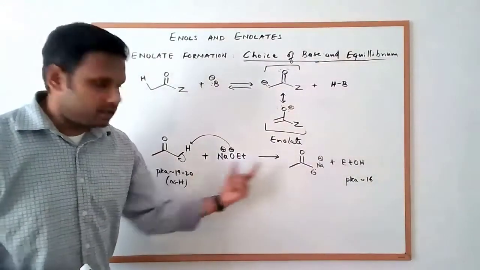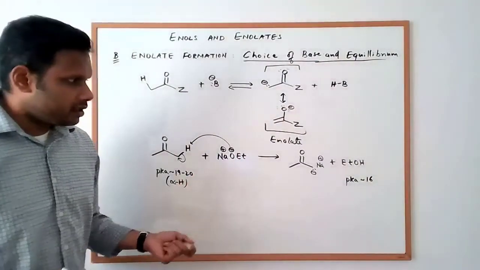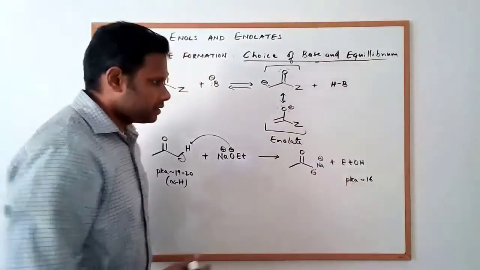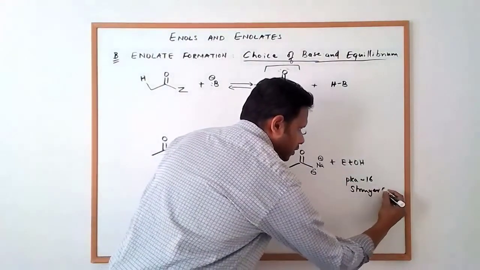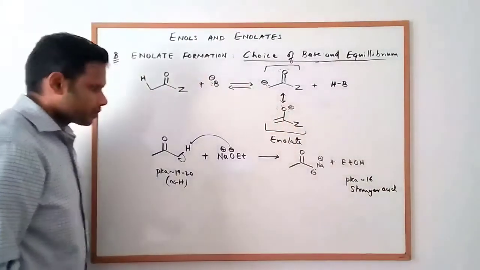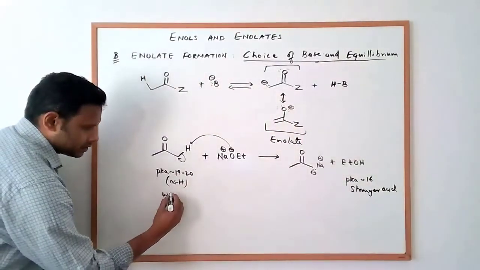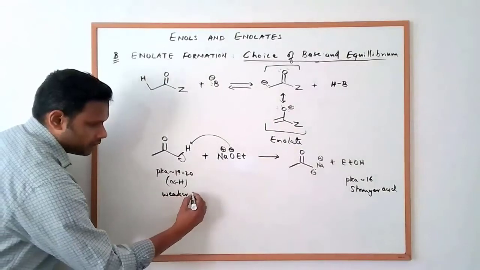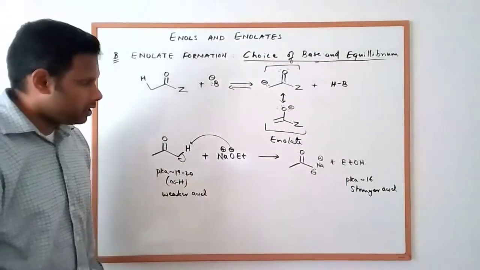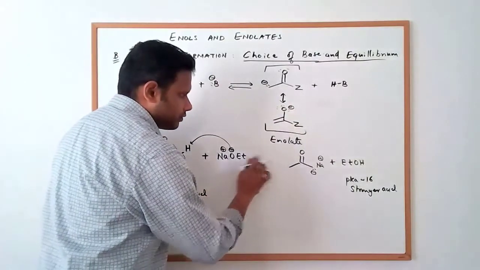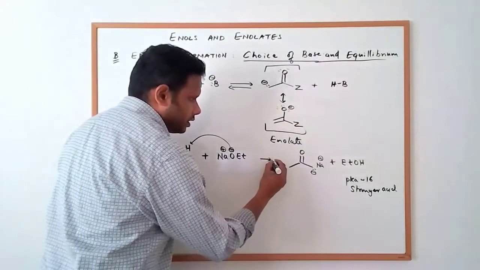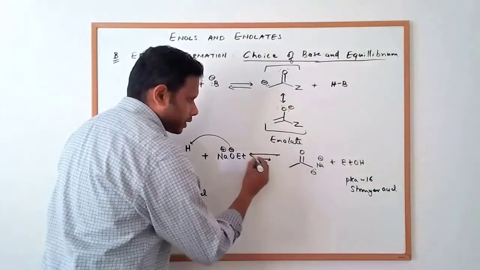Now if you look at this acid-base equation, our stronger acid is on the product side. This is the stronger acid, whereas this is our weaker acid. What that means is this reaction should be favored in the backward direction.